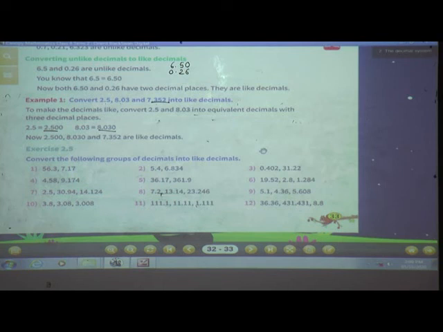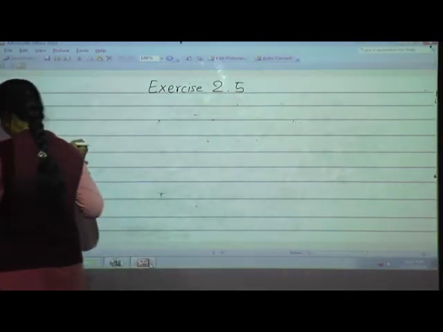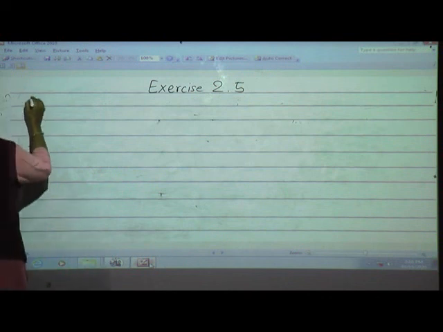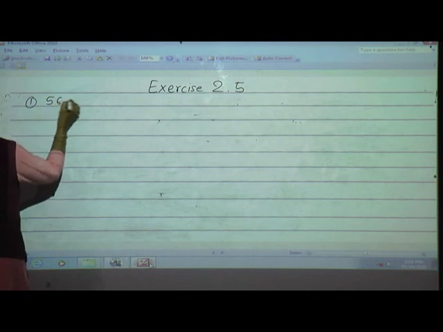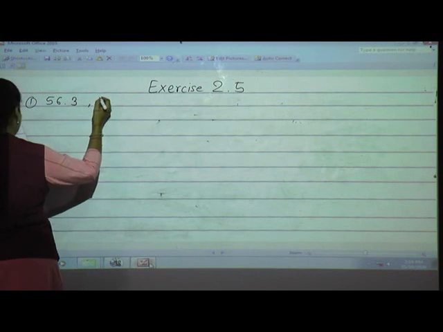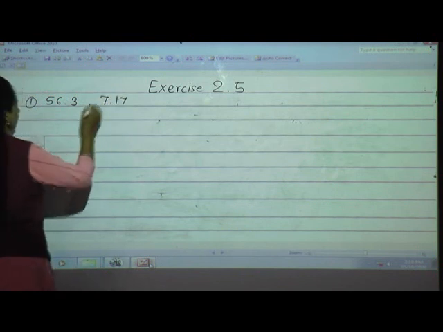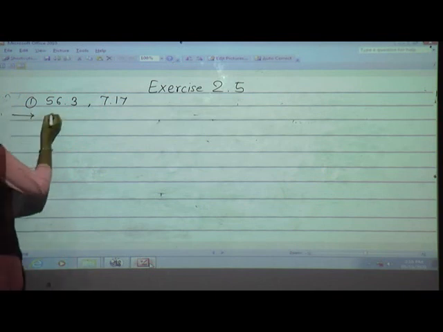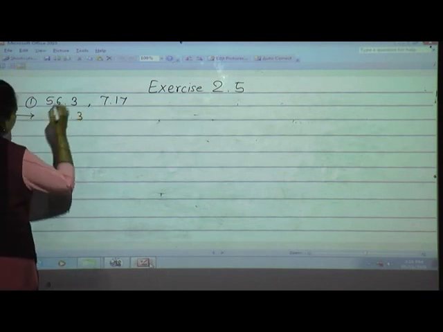Now we will solve our exercise 2.5. What is the question? Convert the following groups of decimals into like decimals. First one, 56.3, 7.17. Now to convert into like decimals, students, what you have to do first is write one below the other: 56.3.